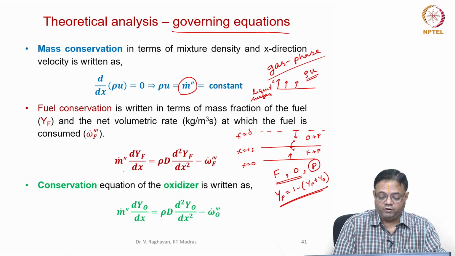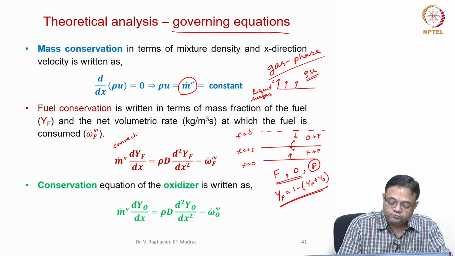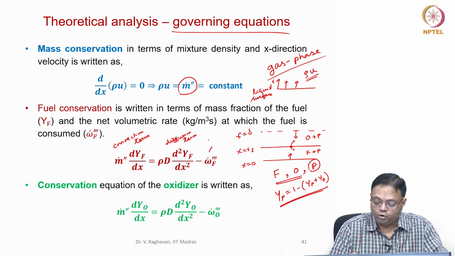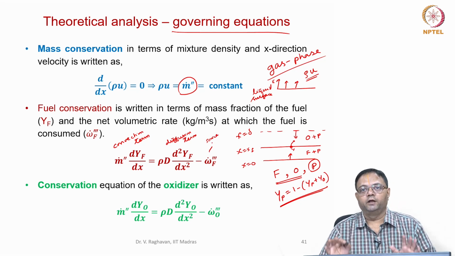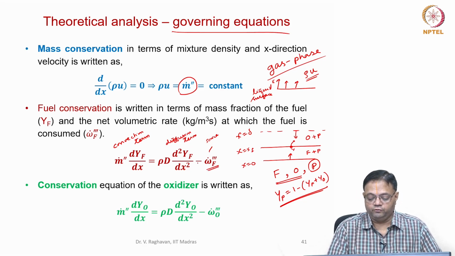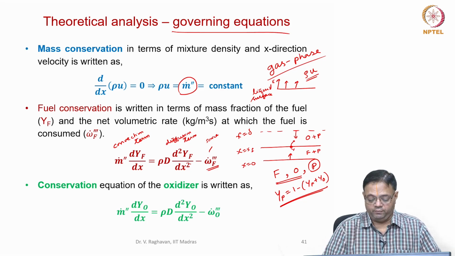So now for the fuel, this is the convection term and this is the diffusion term and this is the source, or the rate at which the fuel is burning. The minus sign comes because the burning rate is positive, and the fuel is consumed in the flame.